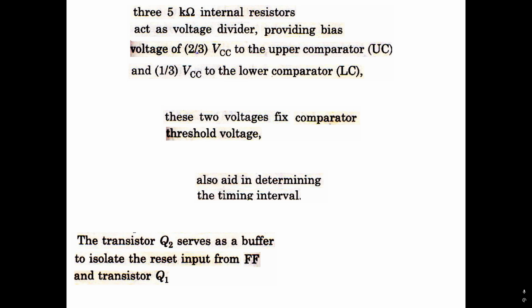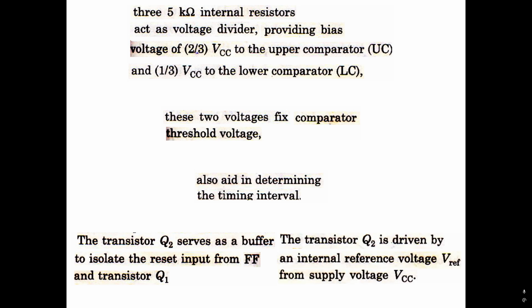The transistor Q2 serves as a buffer to isolate the reset input from the flip-flop and transistor Q1. The transistor Q2 is driven by an internal reference voltage V reference from the supply voltage VCC.